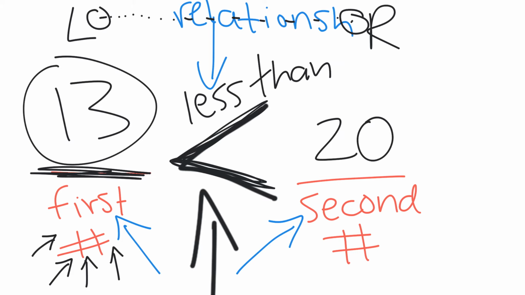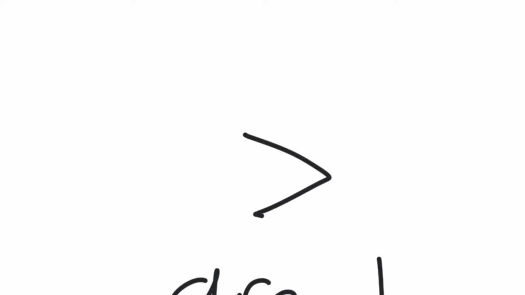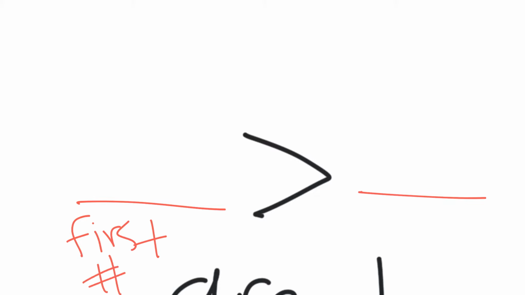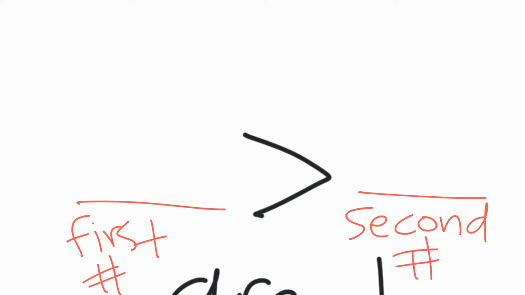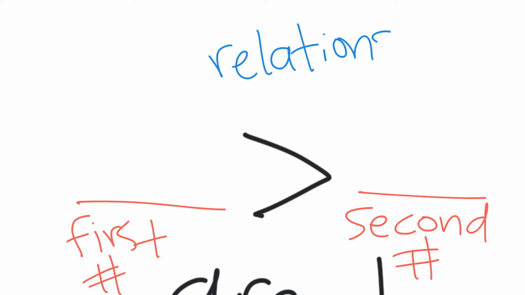20. Now using the same concept, let's come over here to the greater than sign. Yet again, always, always, always, this is going to be surrounded by two numbers. We've got our first number and our second number. The symbol in the middle refers to the relationship between the first, then refers to the second.